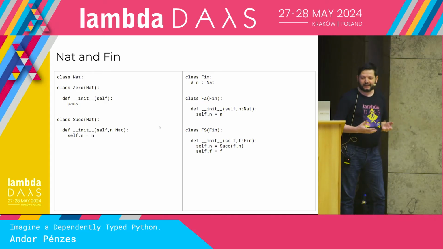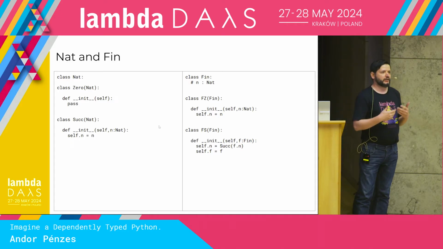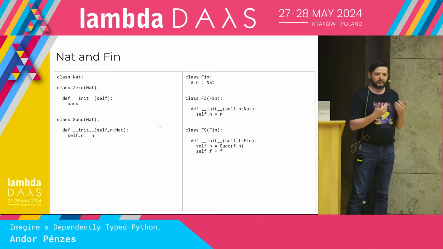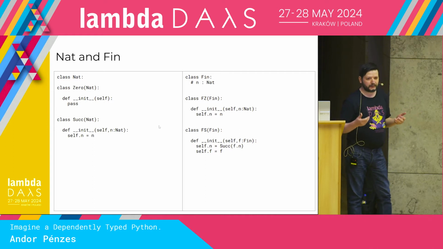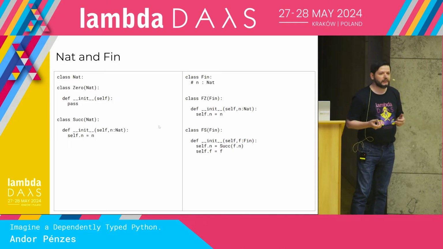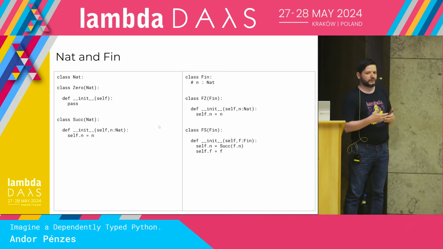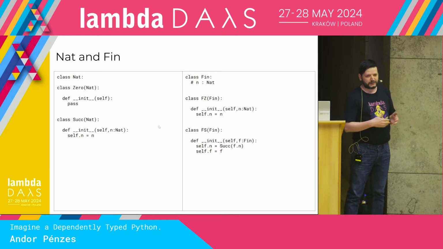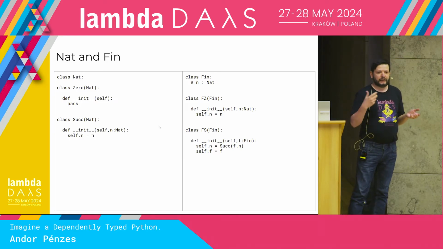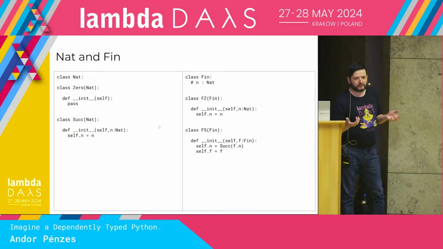Here we first create an abstract class, the Nat class, or we can say that we are creating a type, the natural numbers. This abstract class has 2 concrete classes. One is the Zero, which represents the 0 number, and that is like the data constructor for the 0.